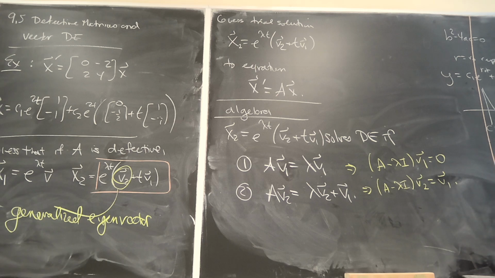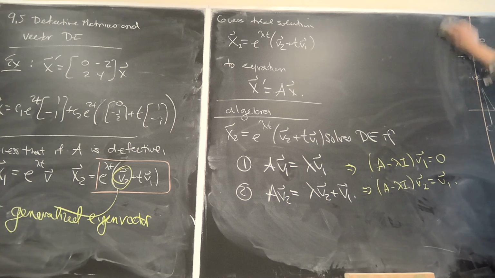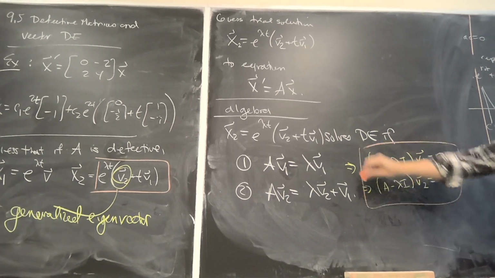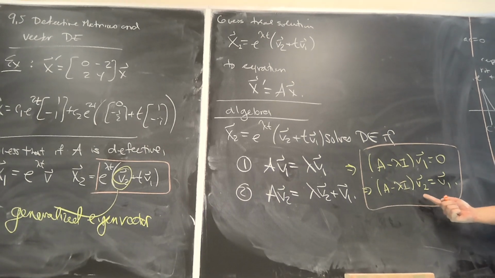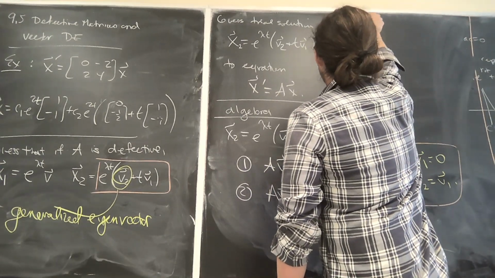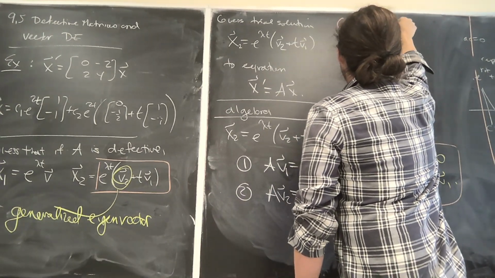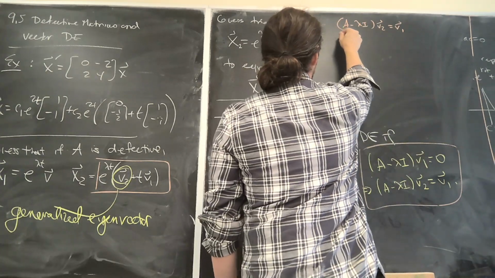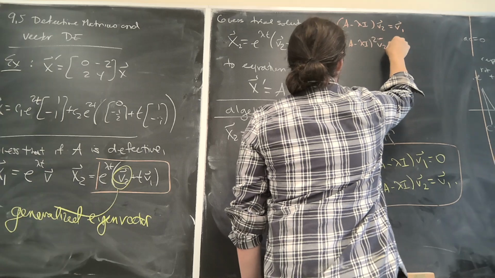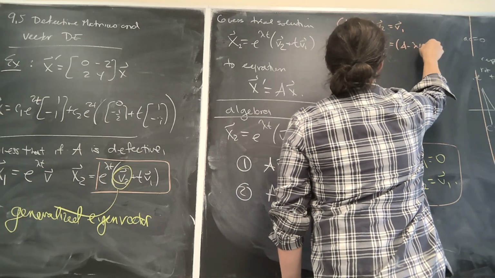This is almost what we want. I can almost use this as an algorithm. But again, I don't want to solve an equation by row reducing. That sucks. Instead, I'm going to go one step further. If I took the equation (A minus lambda I) v2 is equal to v1, which is an equation I'd like to solve, and I multiply on the left by A minus lambda I, I get (A minus lambda I) v1.